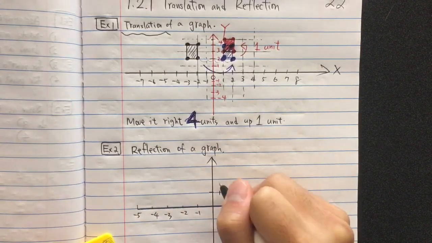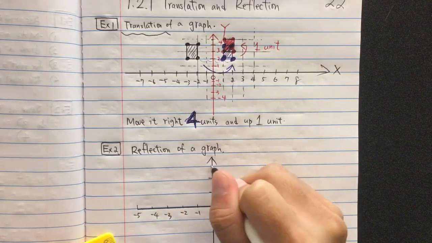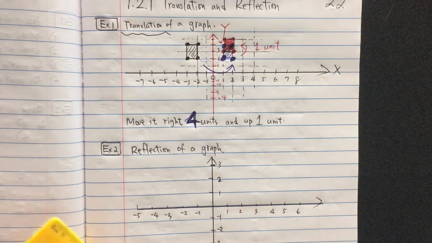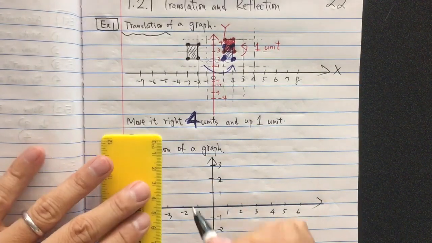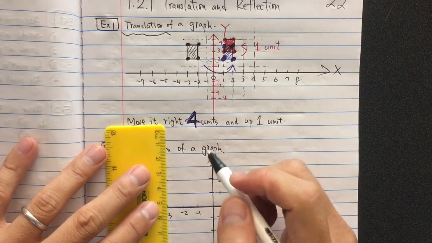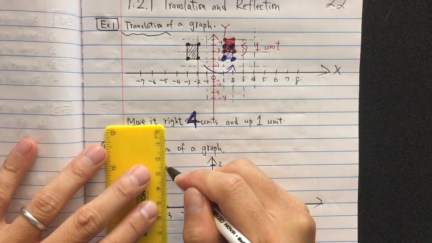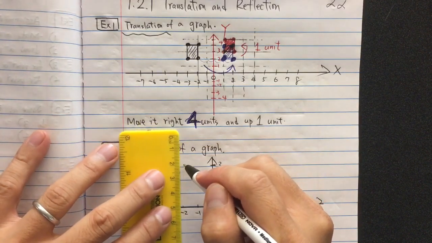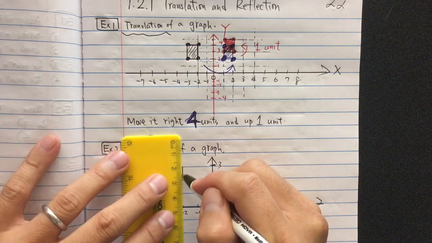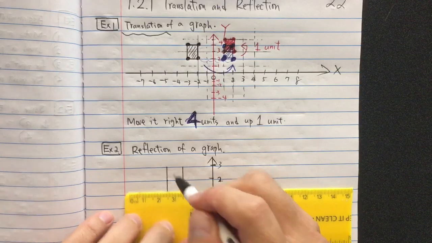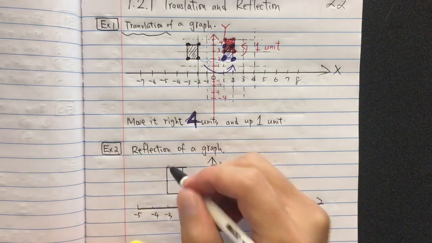Here, 1, 2, 3, and here -1, -2, -3. Now let's graph here. There's a graph here.